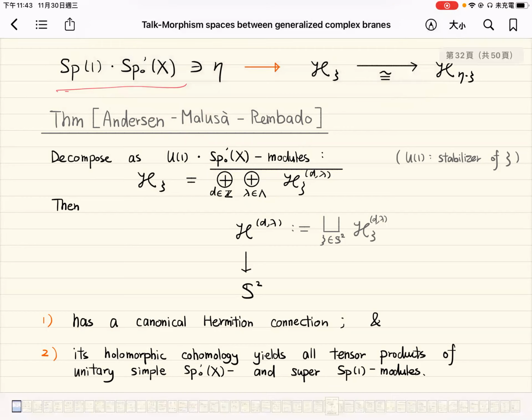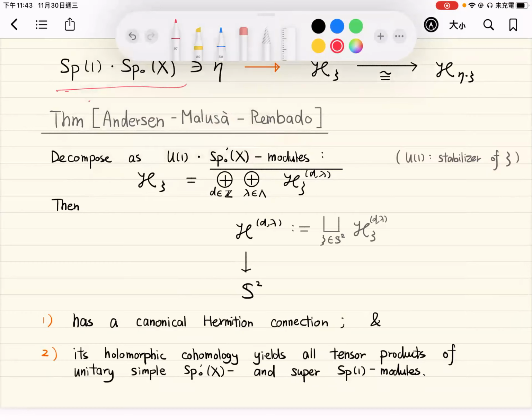But we can also find the stabilizer for a point zeta. So this second copy, SP0, just fixes the point zeta. Then we need to ask what is the stabilizer inside the factor SP1 of the zeta. So here, we know that there's a U1 subgroup inside the SP1 as a stabilizer of the zeta. So we can try to decompose the quantum Hilbert space as a module with respect to the U1 action and the action for the second group here, by the weights.